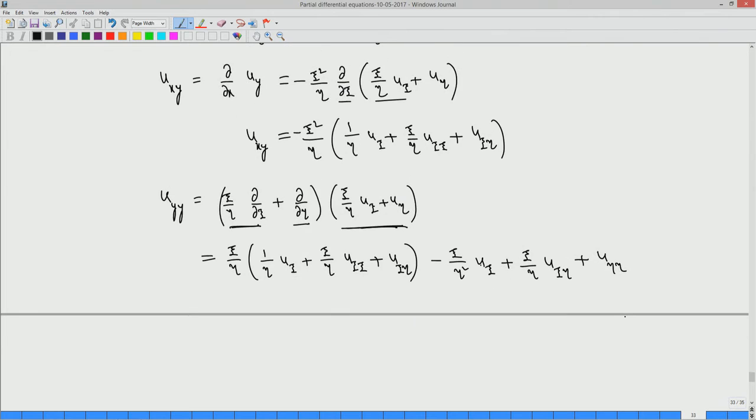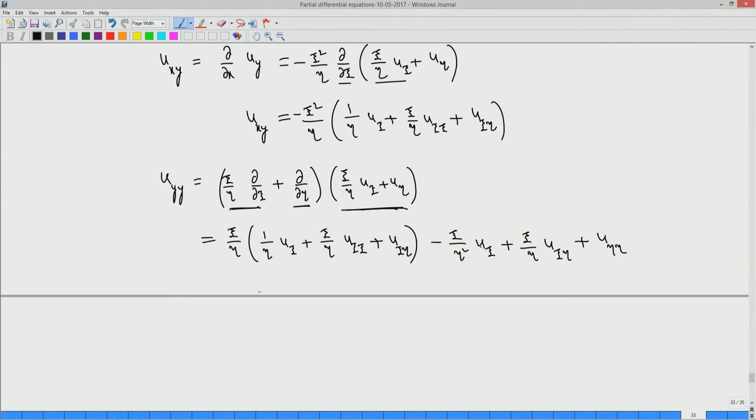That is what you get if you operate this onto this one. So, this is my uyy. From this you can see that if you take this xi by eta inside, it will be xi by eta square, xi square by eta square, xi by eta.